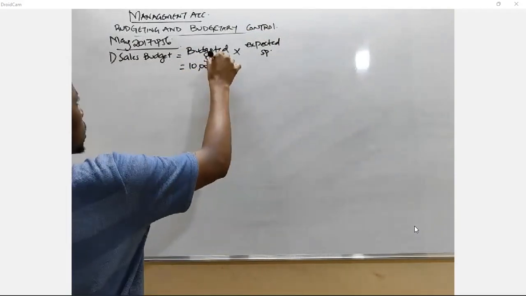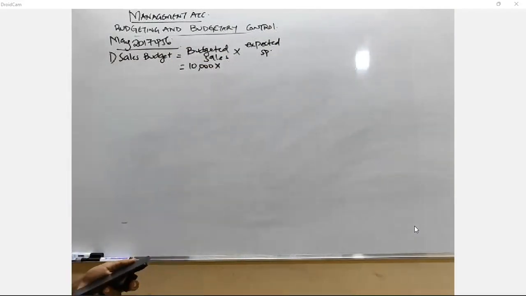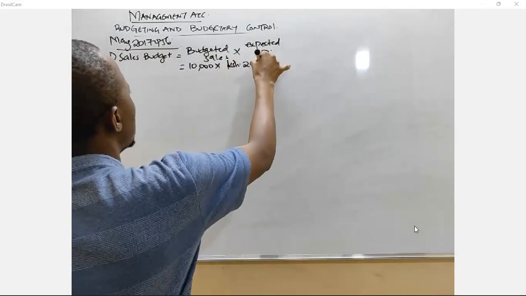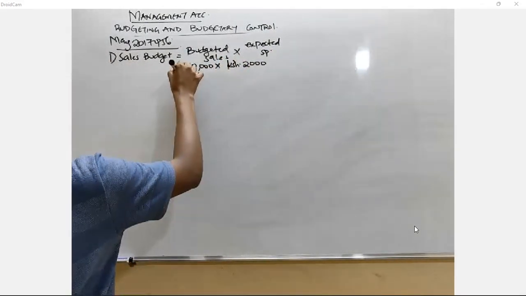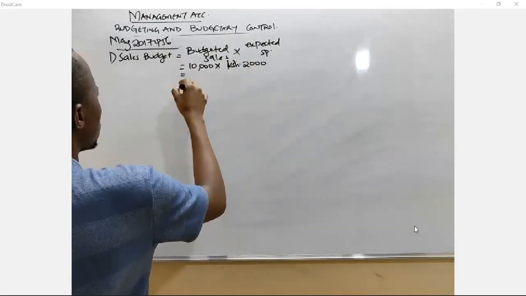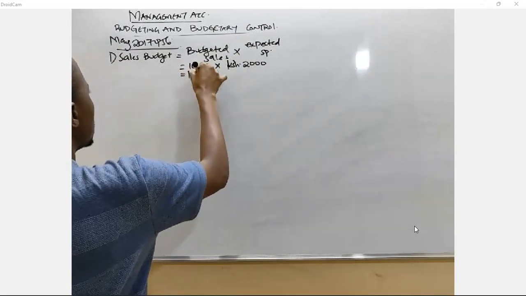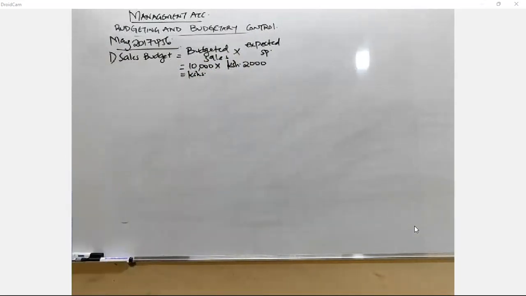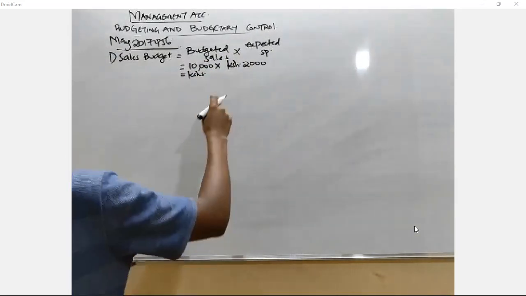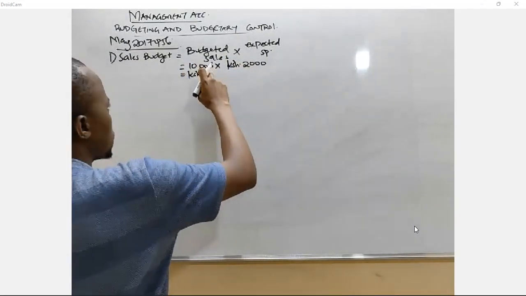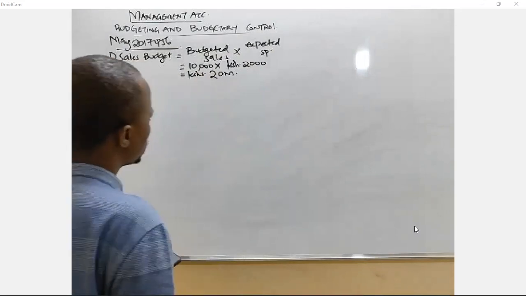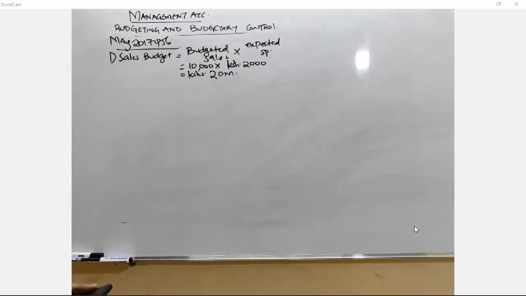Then the expected selling price is 2,000. So in this case, the total should be Kenya shillings 20 million. If you take your calculator and multiply 2,000 times 10,000, you are going to get 20 million.